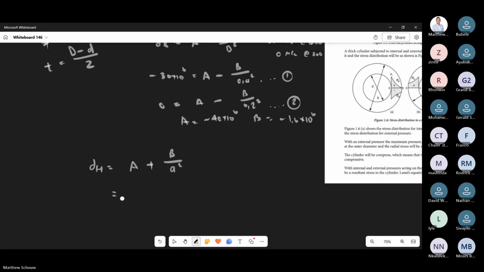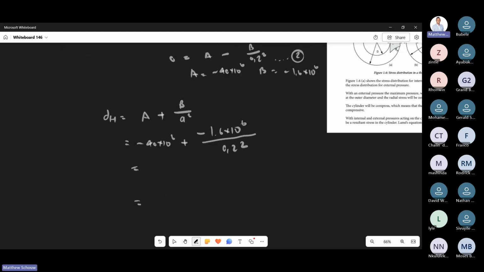So A, minus 40 times 10 to the power 6 plus, we'll just keep it negative, 1.6. Can you already see it's going to give us a negative answer? We go in the, what diameter? It's the 0.2. We get an answer.